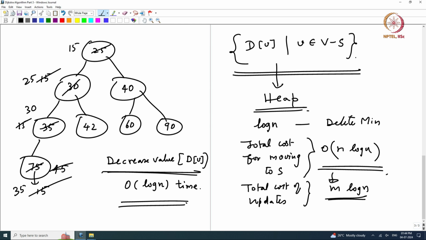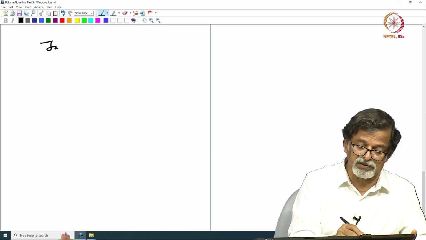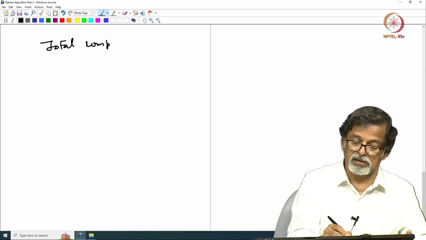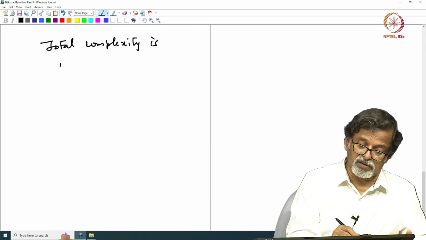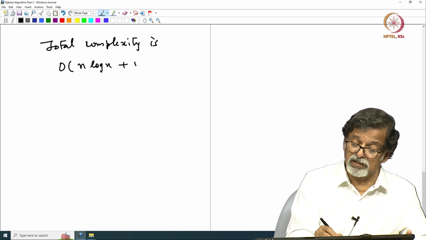When you have the decrease value operation, it will take log n time. Therefore, what is the total complexity? The total complexity is order n log n plus m log n.